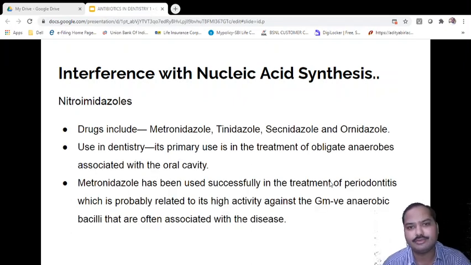Now, nitroimidazoles: the evidence shows that they interact with the bacterial DNA, and carcinogenicity of this drug has also been reported in rodents, but it may be related to the liver microsomes, which can reduce the metronidazole.